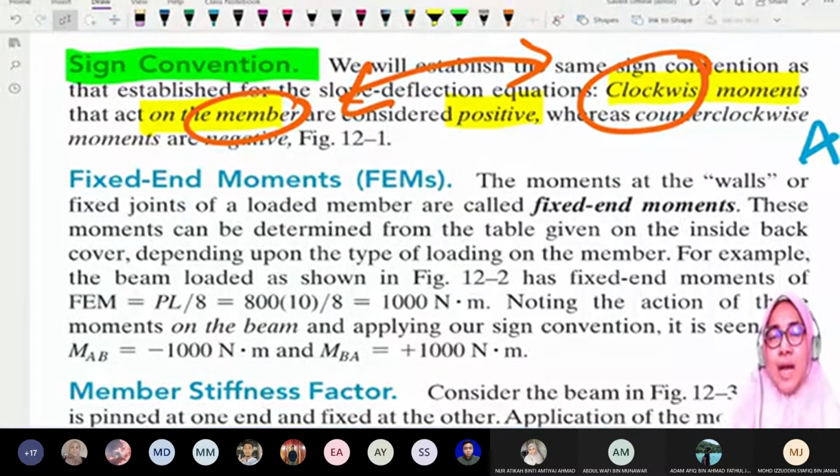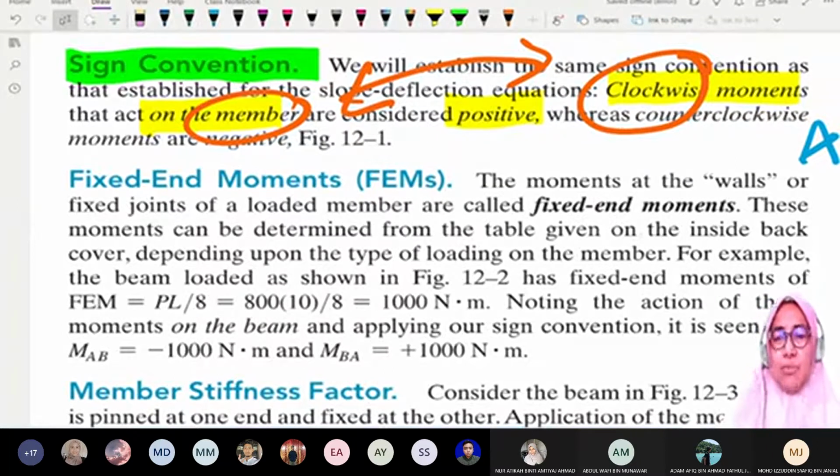And how to analyze member end moment? By distributing moment. And what is the first member end moment in the table? The first member end moment that we distribute comes from fixed end moment.